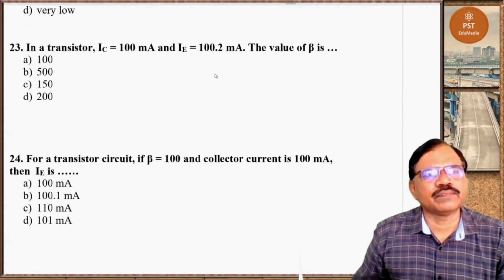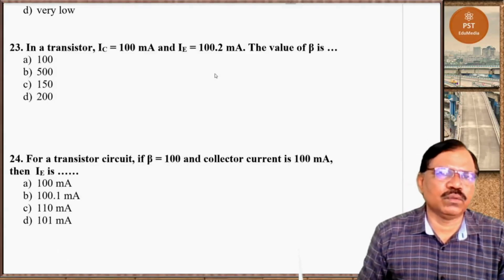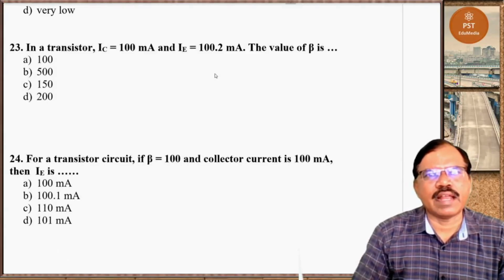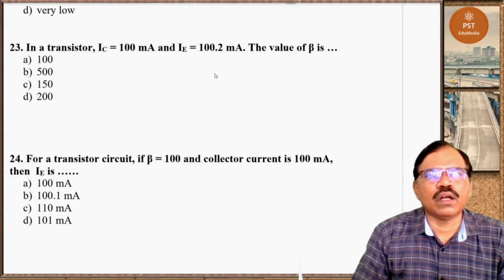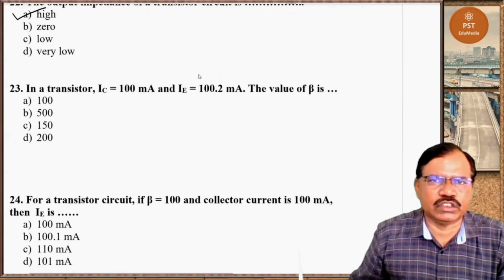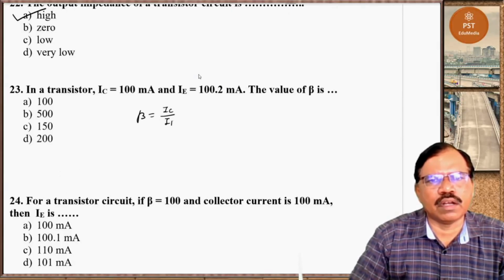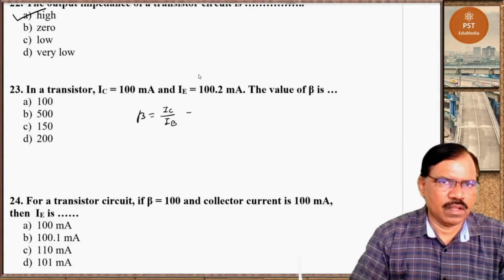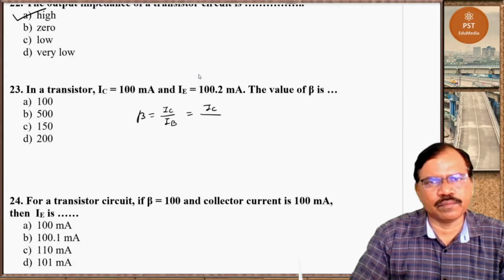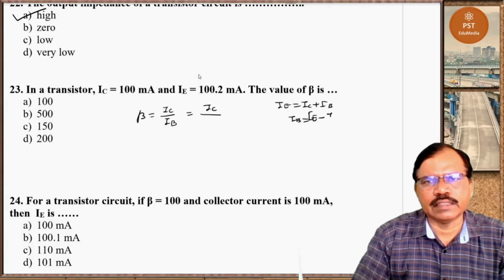In a transistor, IC is equal to 100 milliampere and IE is equal to 100.2 milliampere. The value of beta is. Now what is beta? Beta is IC upon IB. Now IE is equal to IC plus IB, so IB is equal to IE minus IC.